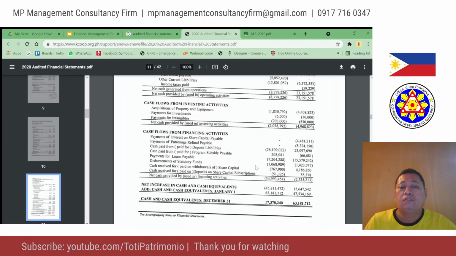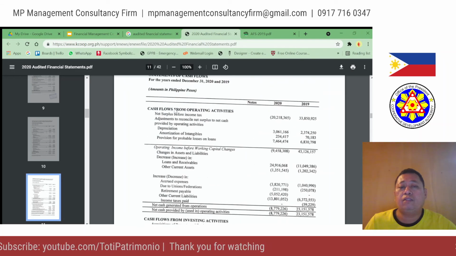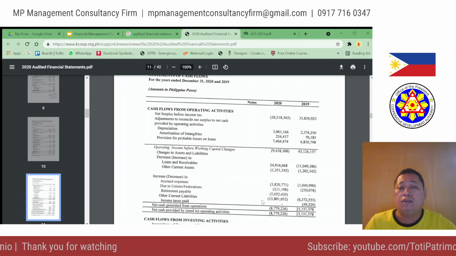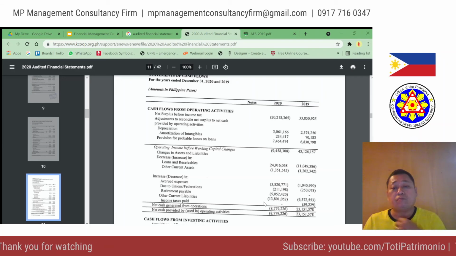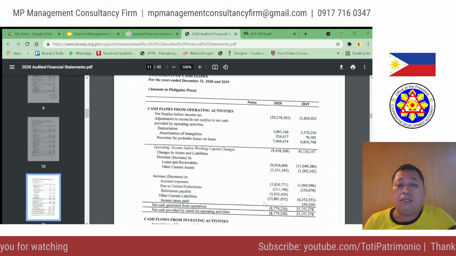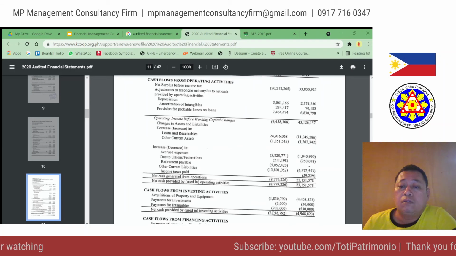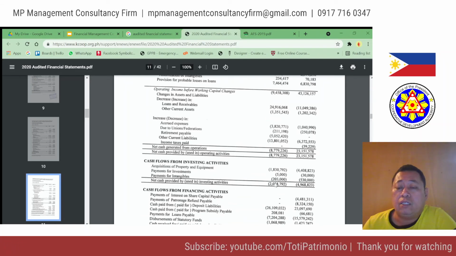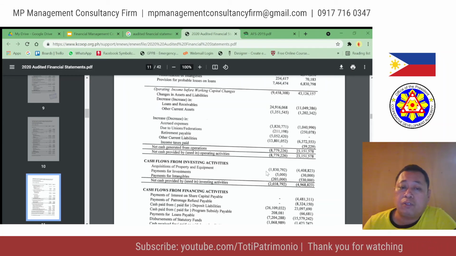Okay. So in here, the operating activities reflect the net surplus, and then we remove the non-cash items, non-cash transactions, and deduct the activities in the asset accounts to arrive at the net operating cash flows. In the investing activities, we present the acquisition of property and equipment or the disposal.